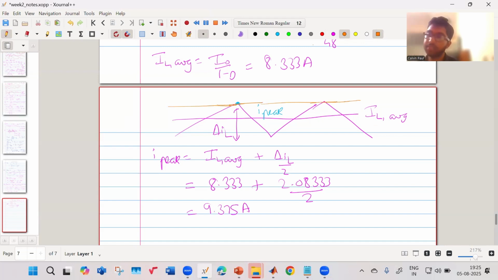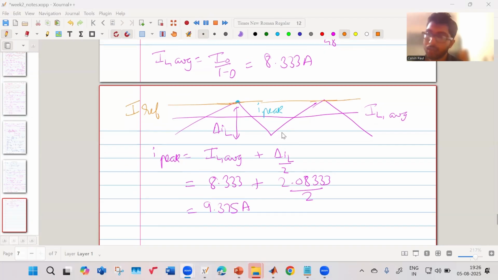This should be the value which I must set, right? And if we consider unity sensing gain, this should be around 9.375 volt. We'll have to set it as the control voltage. So this is my reference current. Okay, so this is for peak current mode control.